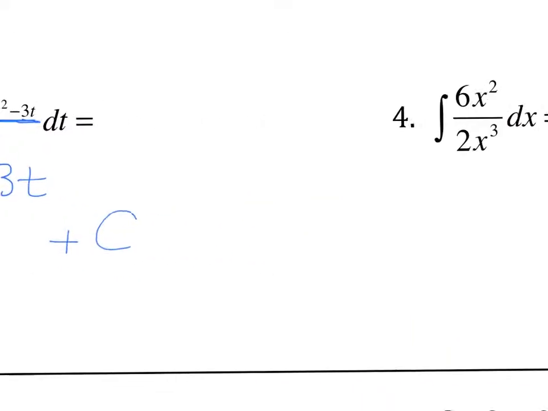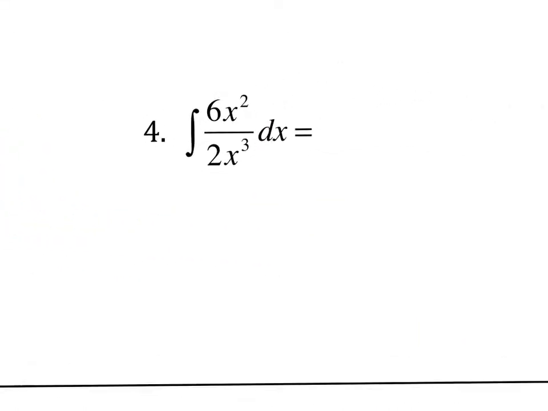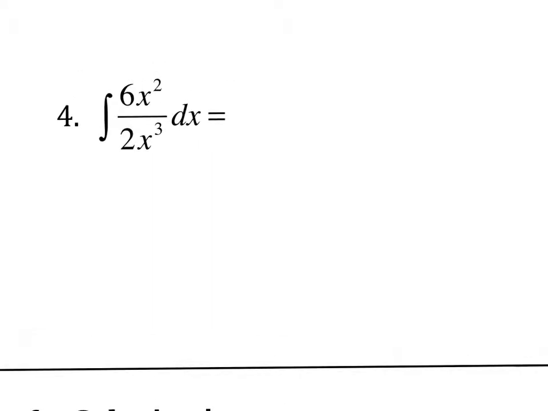And last but not least, this is a little trickier because we'd probably be looking at this in simplified form, but for right now, it's good enough. Now notice, I see a function, what looks like it could be the parent function, on the bottom, and the expression on top looks like it could be the derivative of that function on the bottom.